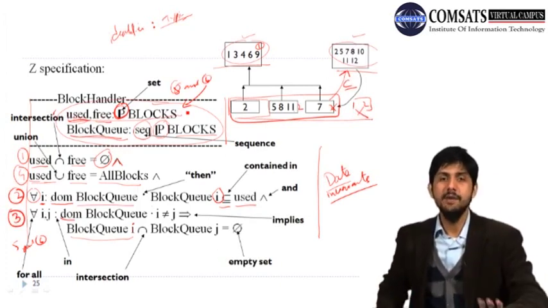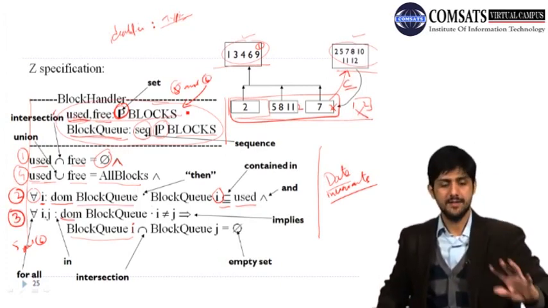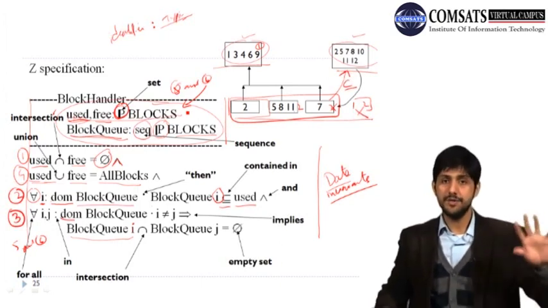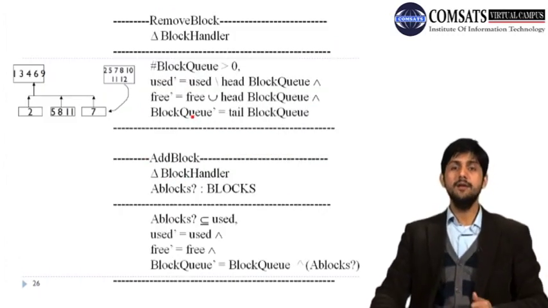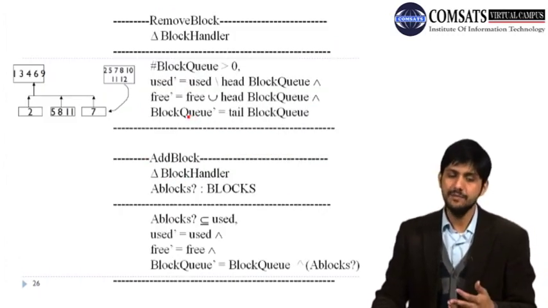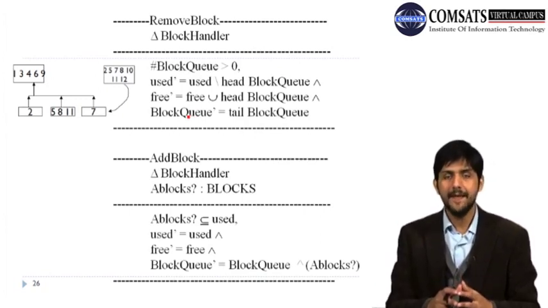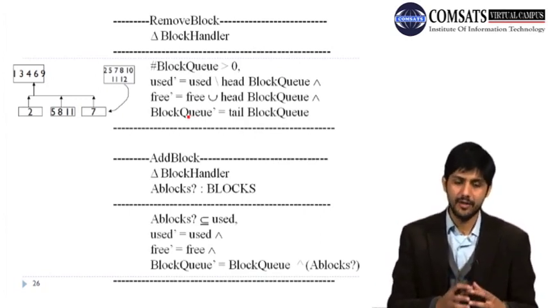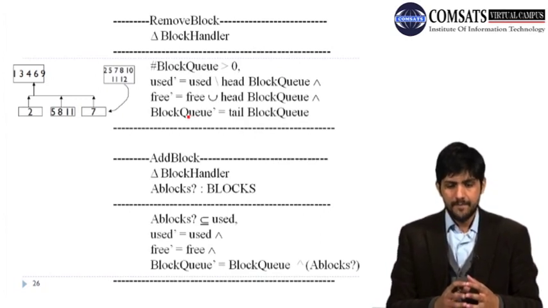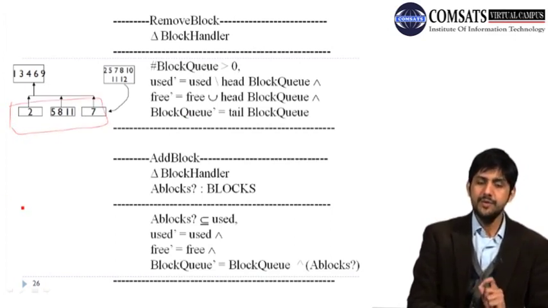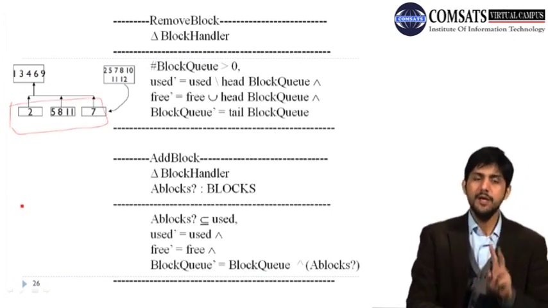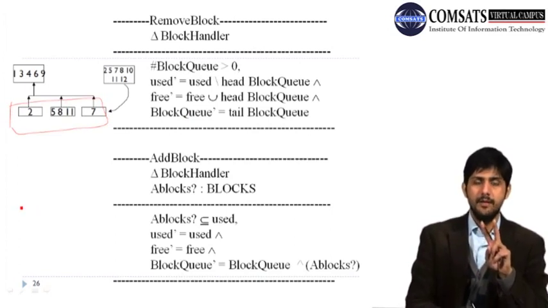So this particular schema block handler defines the states and all the data invariants that we mentioned in our previous slides. Next we look at the 2 operations that we defined. The first one was removing the block and the second one was adding the block. When we remove the block from this queue, we are going to update 2 things.